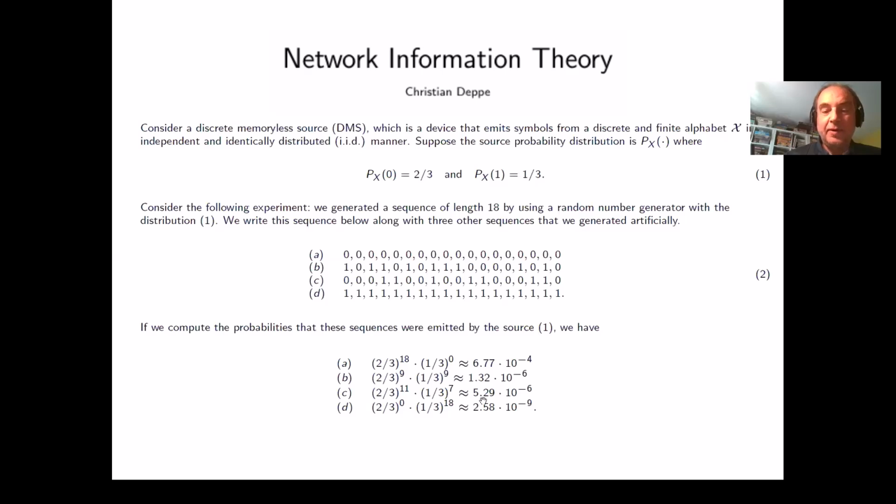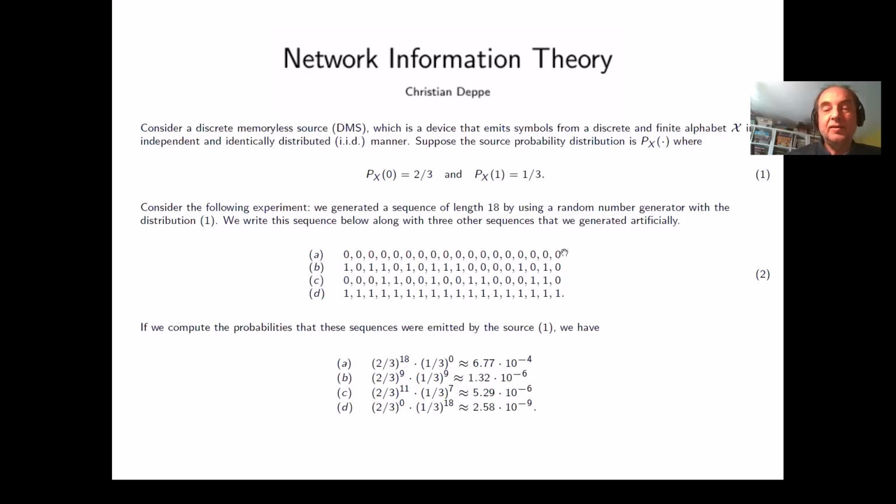This is 5.29 times 10 to the minus 6. And sequence D, we have all ones. So we have (1/3) to the 18. This is 2.58 times 10 to the minus 9. Of course, because 0 has probability 2/3, the most probable sequence is A.